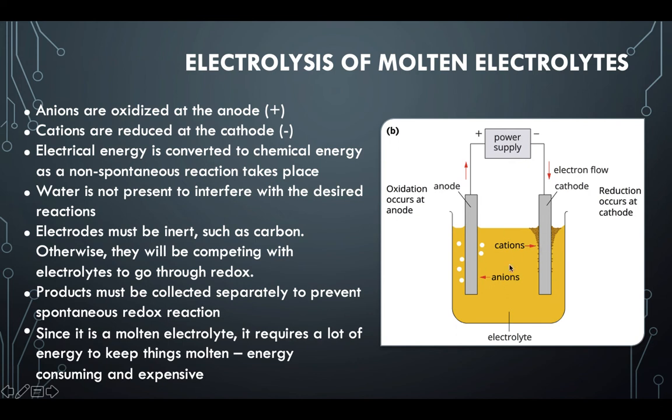Just think, it is by no means easy to melt a sodium chloride solid, and to keep it in that liquid state also requires a lot of energy, and therefore it is very energy consuming and expensive. So we only use this technique to obtain the substances that we really can't obtain in any other way.